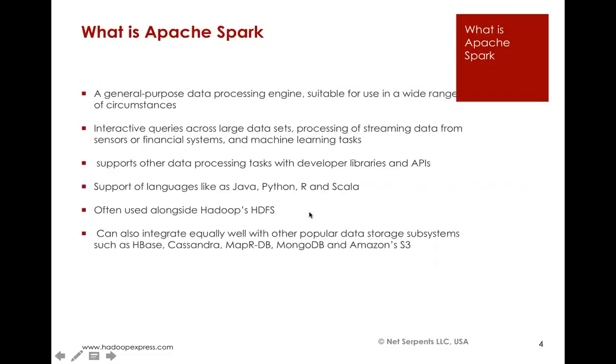It's often used alongside Hadoop's HDFS system. We'll see what's the difference and how Spark can be used with HDFS. It can also integrate equally well with other popular data storage systems like HBase, Cassandra, MapRDB, MongoDB, and Amazon's S3. So these are the common platforms with which you use Spark.